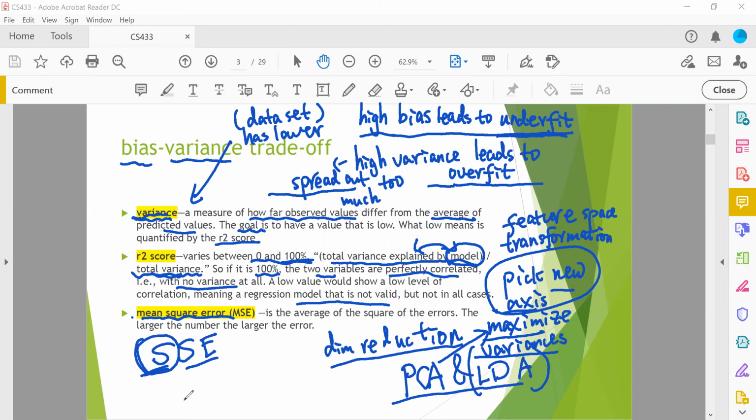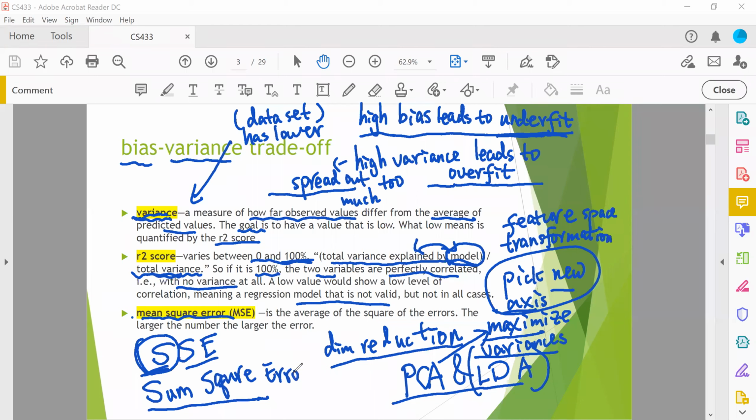Previously, in previous units, toward the beginning part. SSE is the sum of the squared error. Yeah, very good. You can put your answer in the chat, and I will give you a bonus point. So sum of the square error.